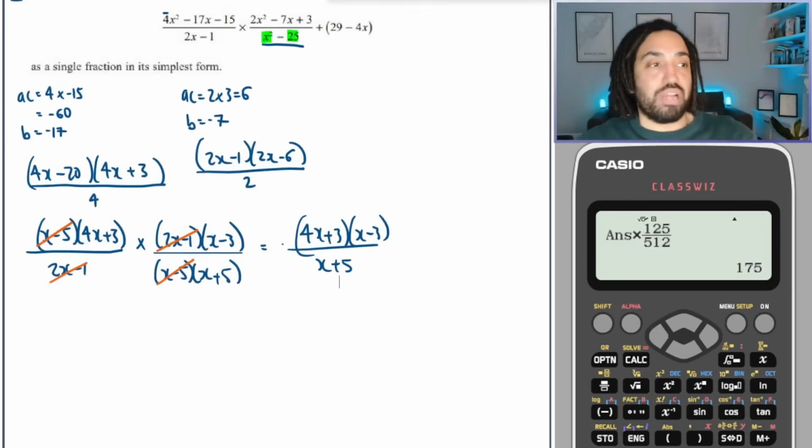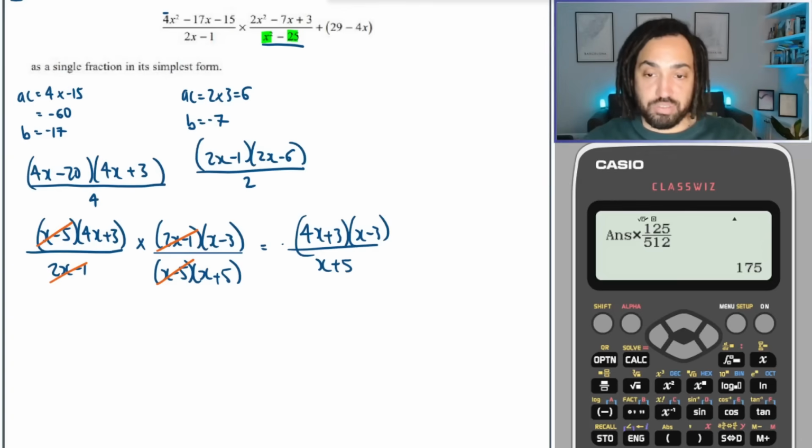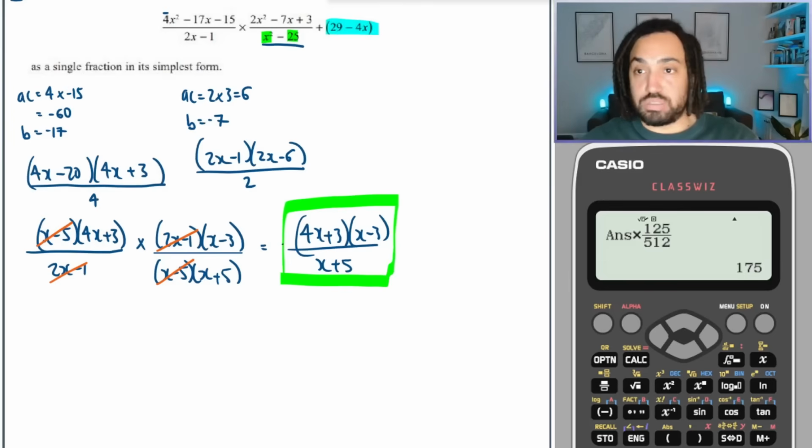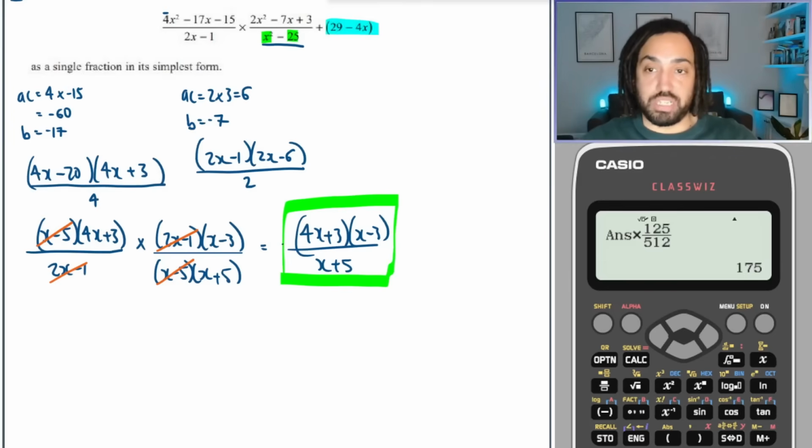Now what we want to do is add something on. It's quite tricky because this is a fraction that we have, and we want to add on something which is not a fraction. But in order to add it on, it would be ideal if it had the same denominator.